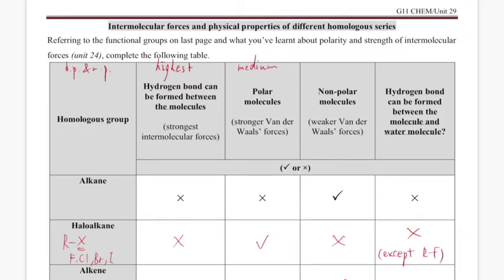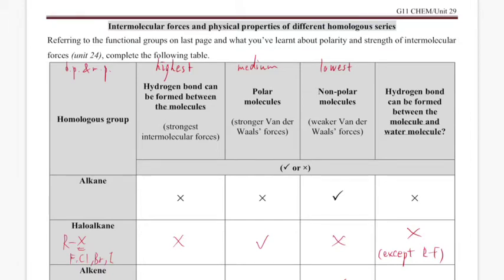If it's nonpolar, of course it cannot form any hydrogen bond, then it will have the lowest boiling point or melting point, because it only has weaker van der Waals forces between the molecules.